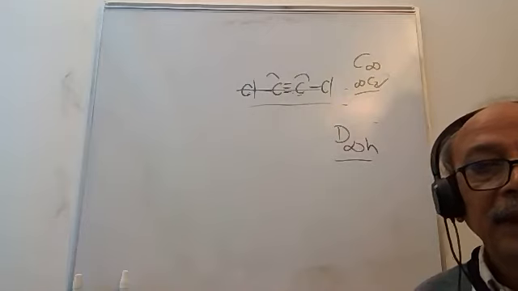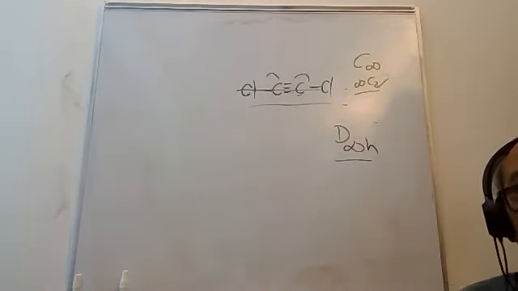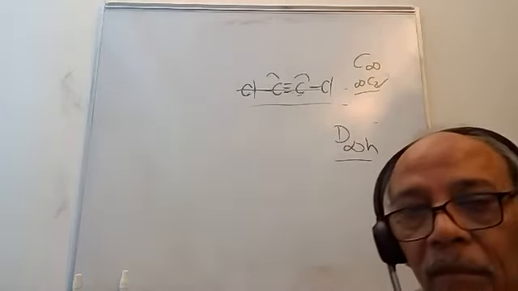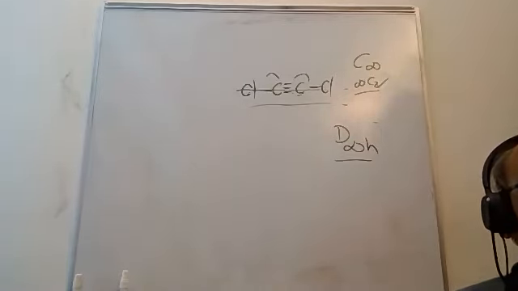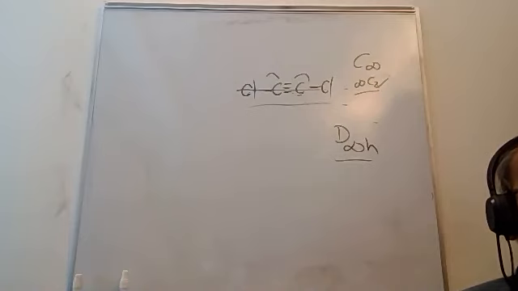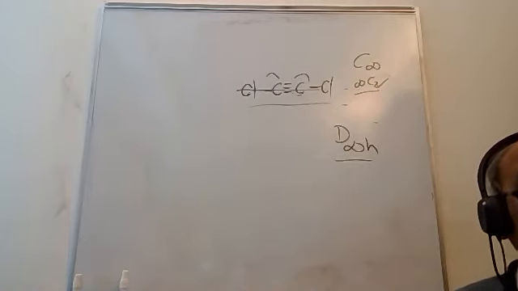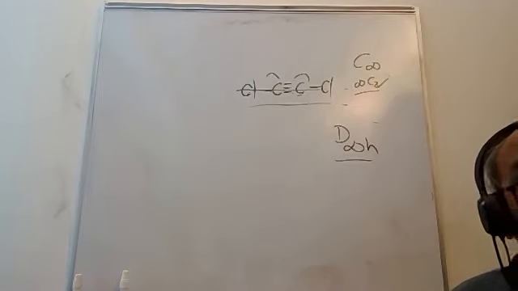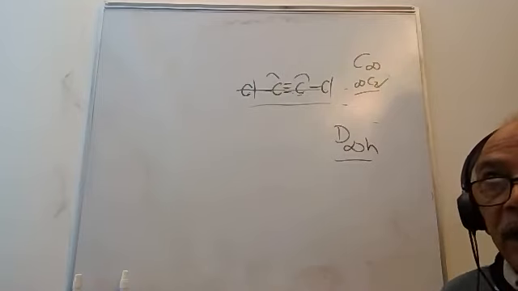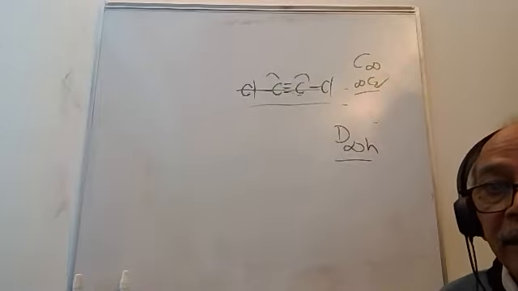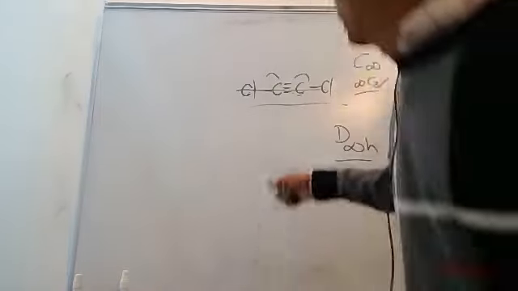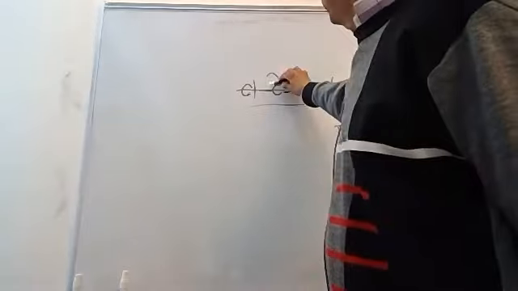Professor Chari, yes. When you look at the tree of all the things, the yes or no, so it's yes and then the D sigma H. Is that because there's a center of inversion now with the two chlorines? No, it's not a center of inversion. Remember, for the D infinity groups, we need to have C infinity and an infinite number of C2s perpendicular to it. That is your C infinity.